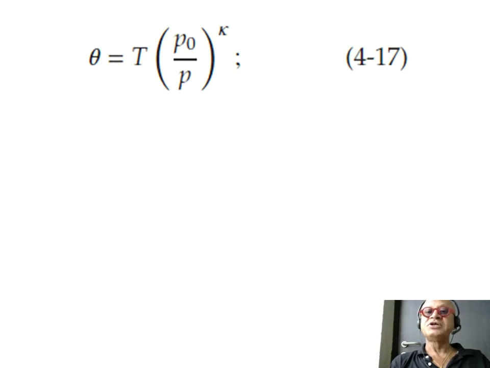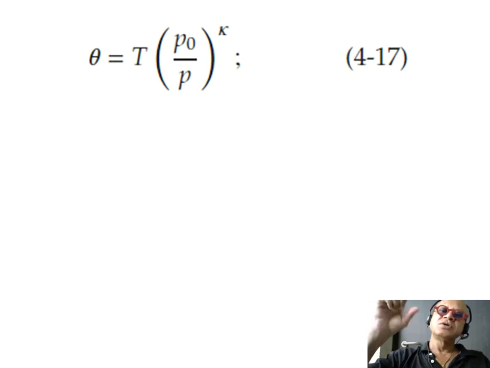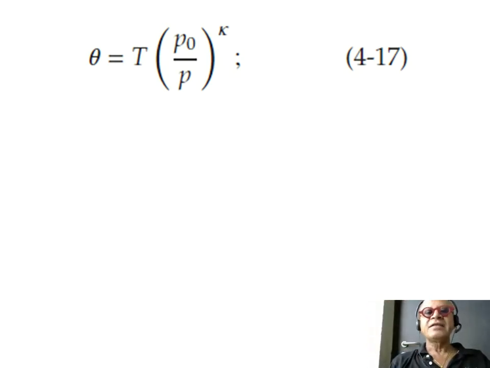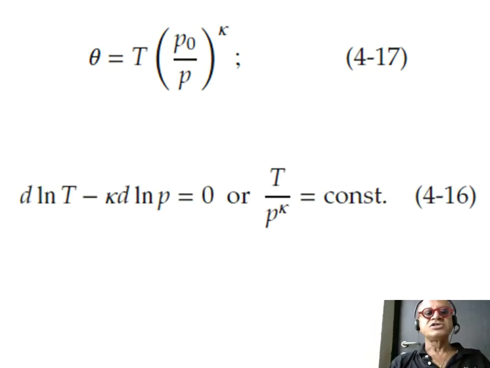Pressure ratio is non-dimensional. So when you move the parcel to a different pressure adiabatically, the temperature is going to change by the ratio of pressures to the power of R over Cp. That's all. Why is this important?